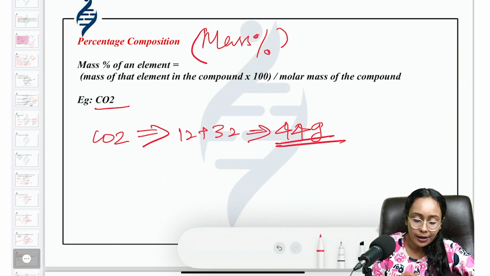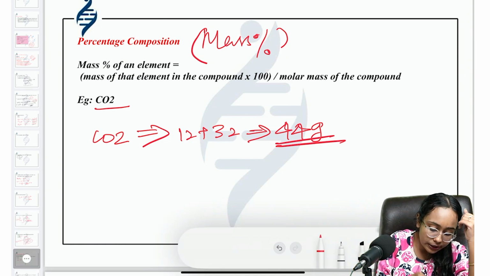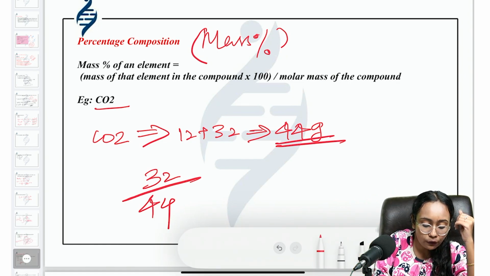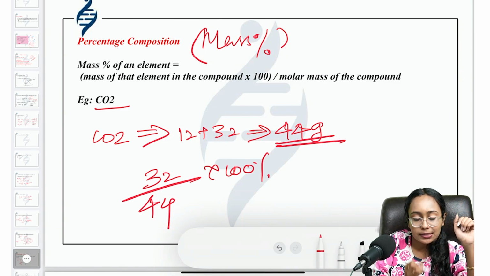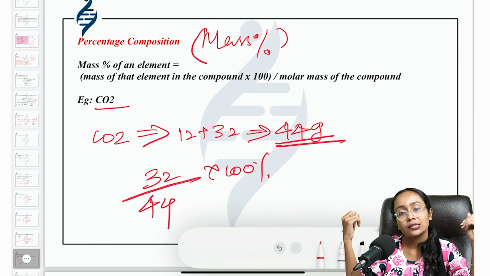Now, I need to find the mass percentage of oxygen. The mass of oxygen is 32 divided by mass of CO2, 44, into 100 percent. This will give me the mass percentage of oxygen in CO2.